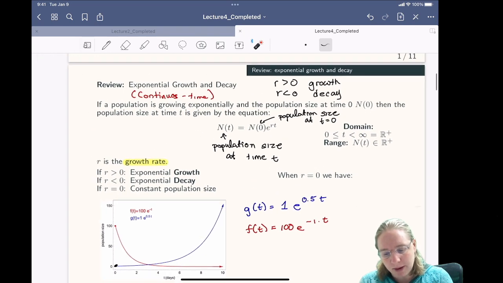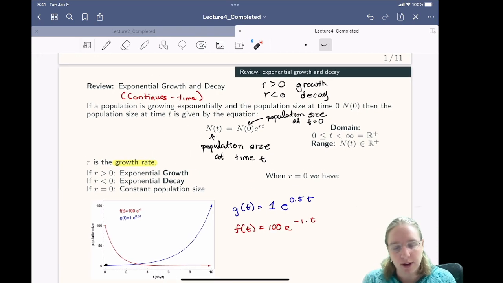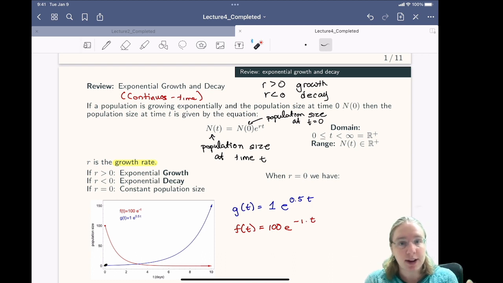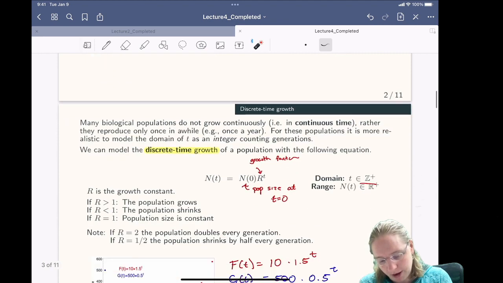And which option makes sense depends on the biological problem that we're dealing with. If we're dealing with populations that reproduce continuously and have these overlapping generations, then we're going to want to use a continuous time model of population growth.